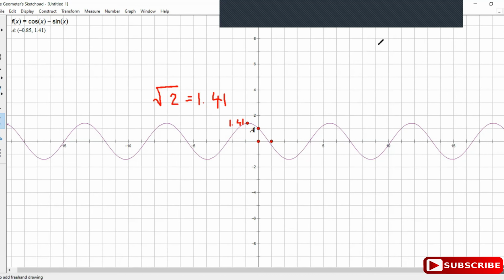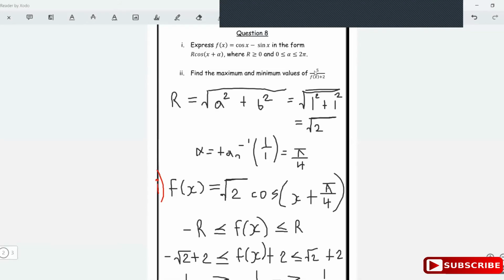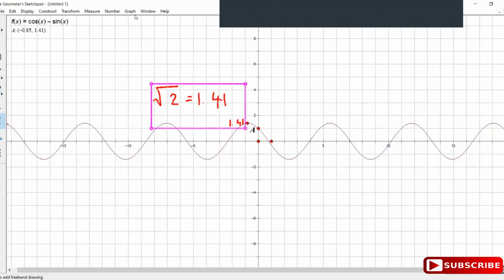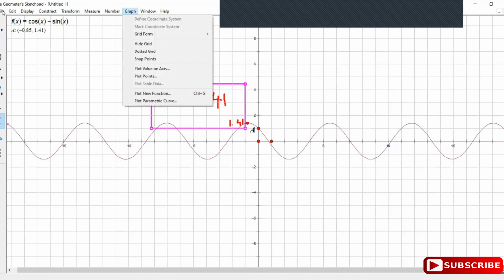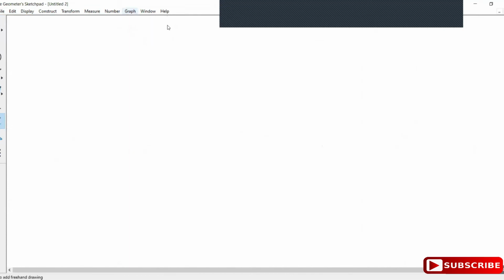But we didn't want that. Now, let's look at this part now. We want to show that the maximum and minimum value of 5 over f of x plus 2 are 8.5 and 1.4. So let's show that now. We're going to need to plot a new graph. So let's go to a new sketch, new graph.